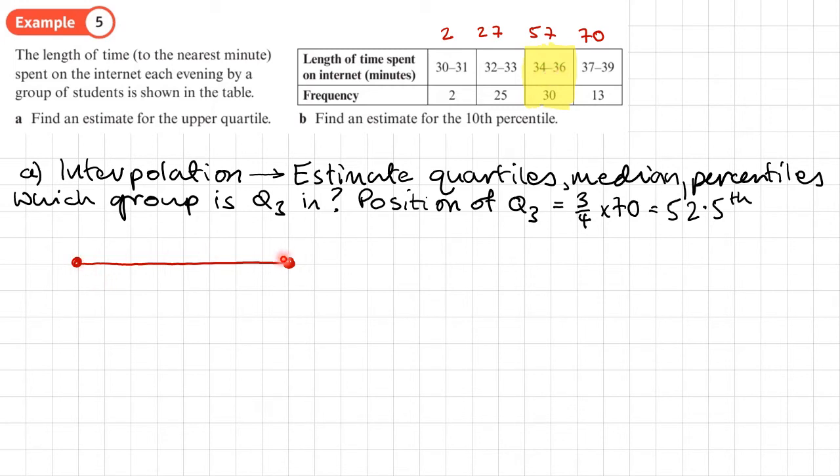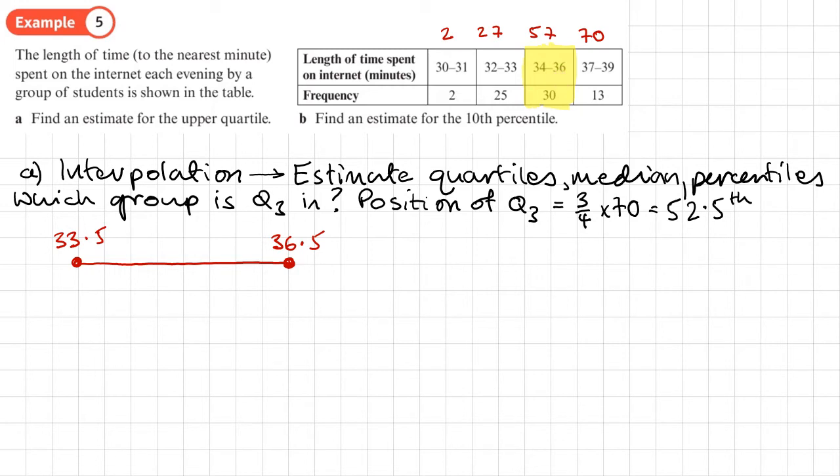And either side here, I want the lower class boundary and the upper class boundary for these groups. Now remember, these gaps need closing. So this will be 33.5 and this will be 36.5. Now if there are no gaps between these values, you just write down the values that are there. These would be the upper and lower class boundaries.